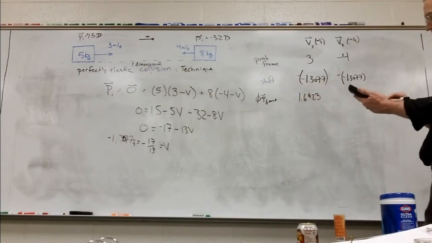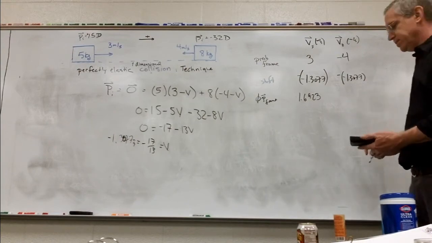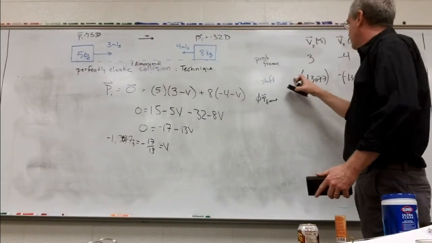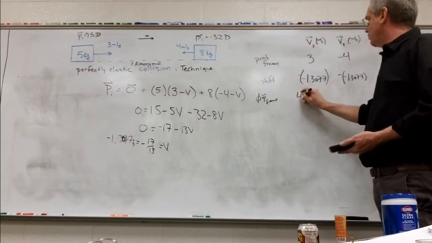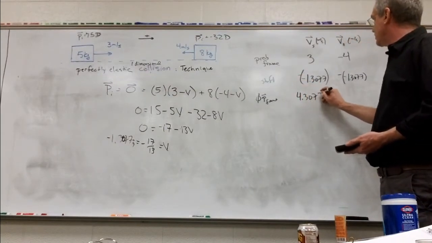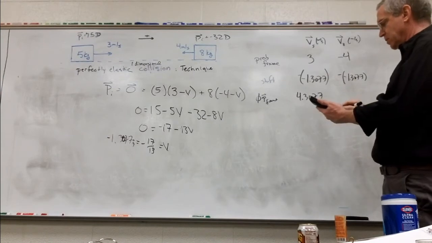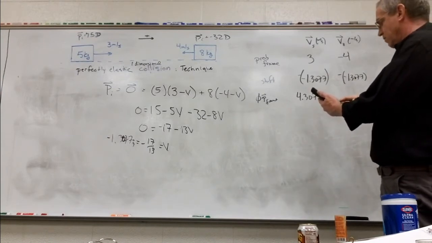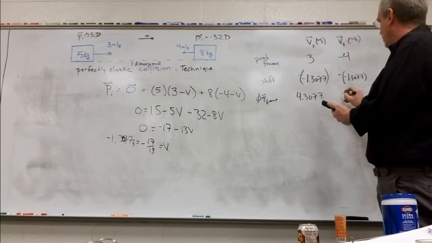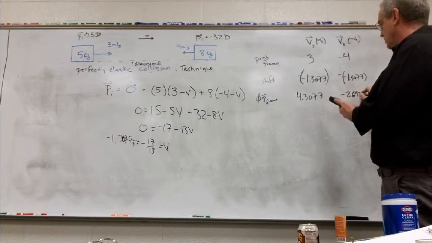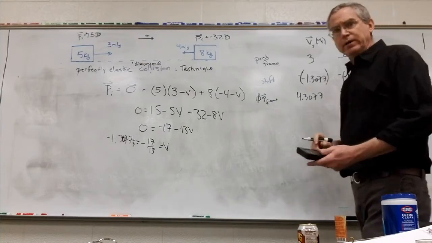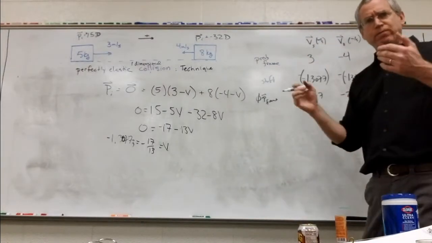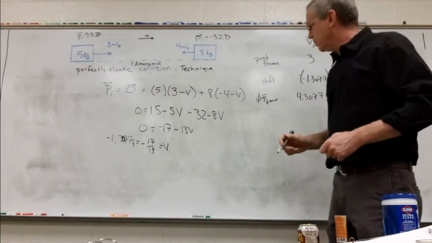And this one is going, oh, oops. It would help if I actually did the math correctly. I'm subtracting a negative, so I add, so this is 4.3077, and this becomes -2.6923. All right, so this is how fast they're going before the collision in the zero momentum frame.